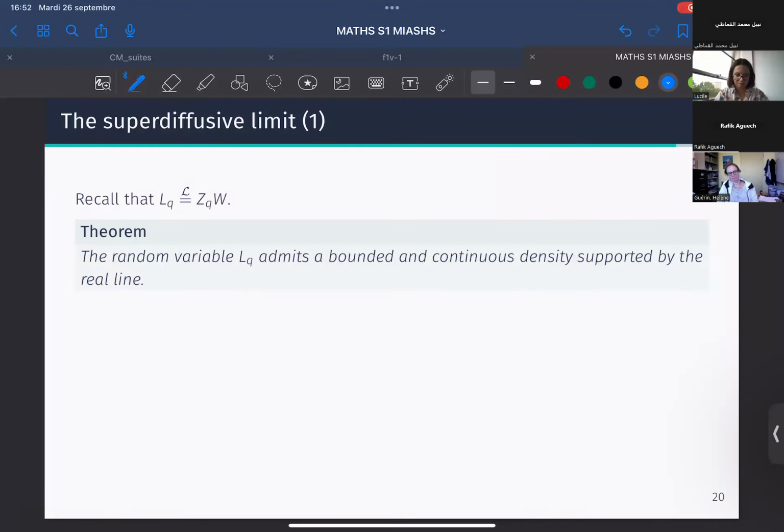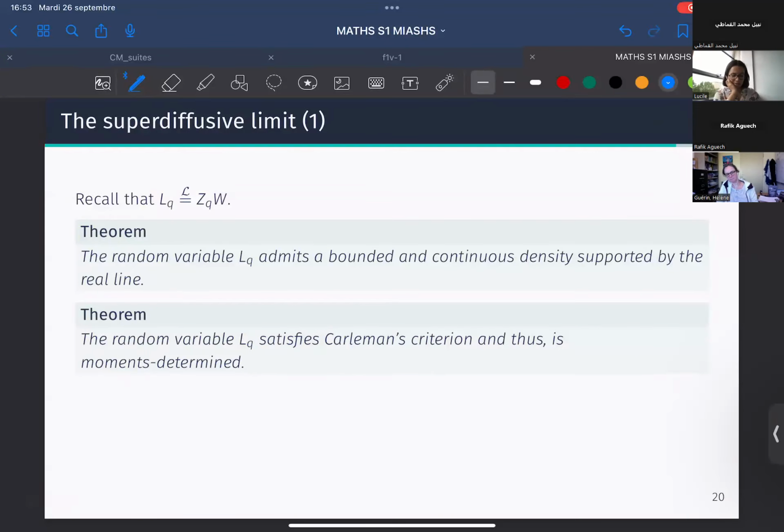And the other thing that we can show is that the random variable L admits a bounded and continuous density that is supported by the whole real line. And even more, actually, we can show that the density is of class C infinity.